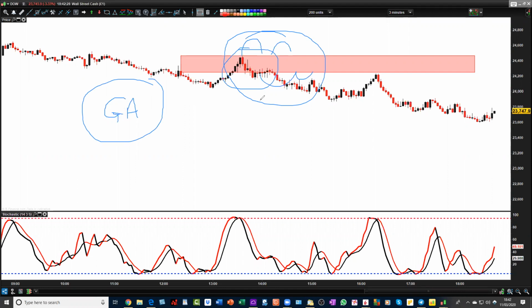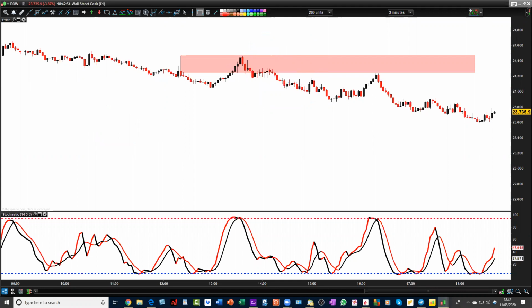We also have a way of handling the intra-week. You've seen me talk about the gap strategy, but the gap strategy can work on the overnight gap as well. Now the gap on this one was 24,967.